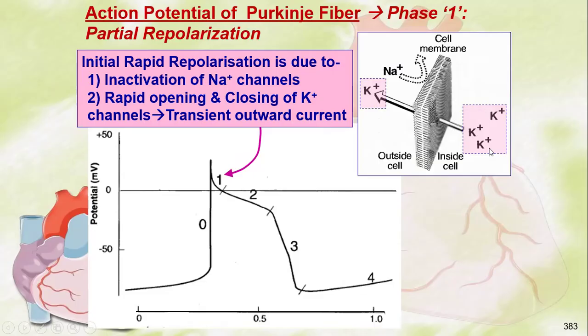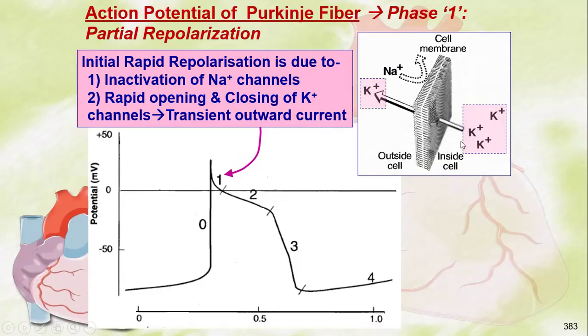So in the normal state, potassium concentration inside the cell is high and outside it's less. So whenever potassium channels open, potassium will move from inside to outside. There is a vice versa case with sodium. Sodium outside the cell is more and inside the cell it's less. So whenever sodium channels open, sodium moves from outside to inside, and whenever potassium channels open, potassium moves from inside to outside.